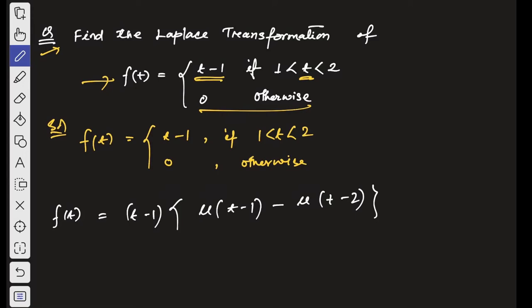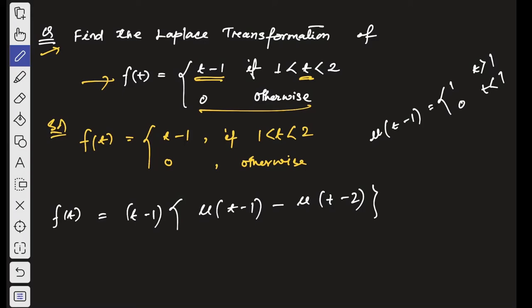Okay, so if you draw this, now you see by the definition of the unit step function, u of t minus 1 is equal to 1 when t is greater than 1, and it will be 0 when t is less than 1, right?